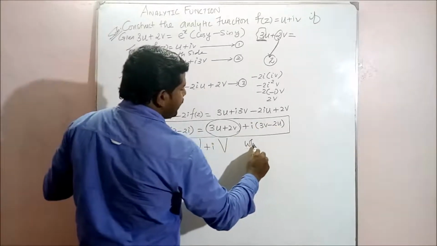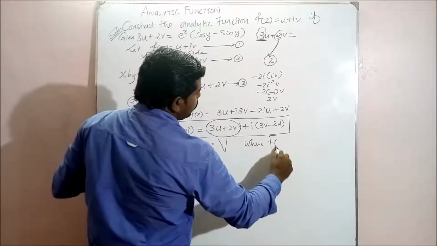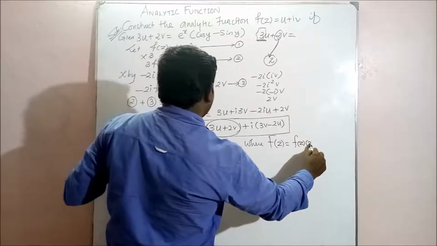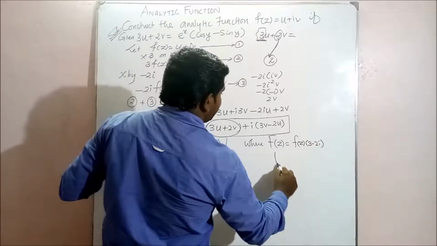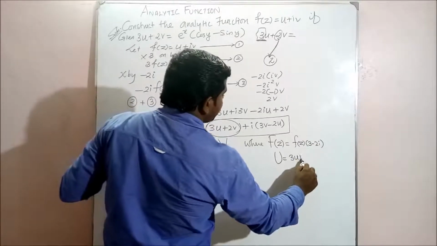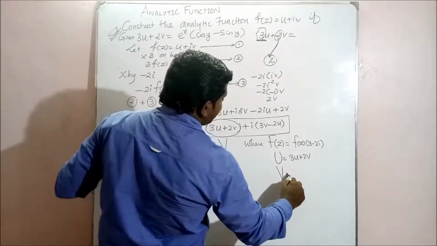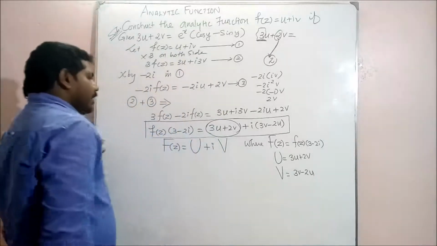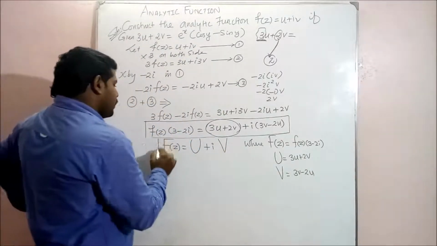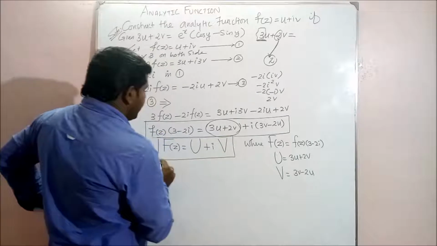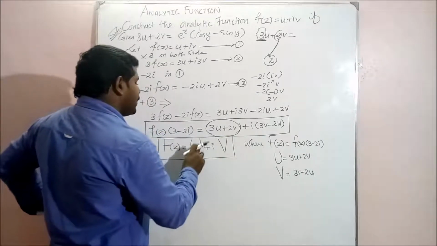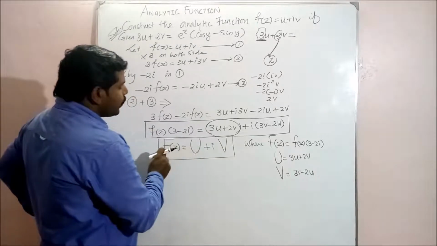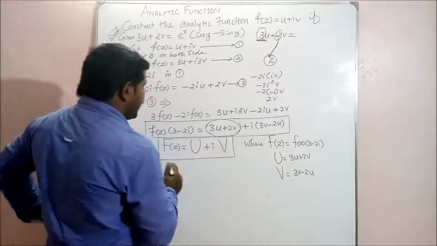Where capital F of z equal to f of z into 3 minus 2i, capital U equal to 3u plus 2v, capital V equal to 3v minus 2u அப்படின்னு கிடைச்சிரும். இப்போ இது ஒரு analytic function formula: F of z equal to capital U plus iV. இந்த F of z னுடைய real part capital U, imaginary part capital V.